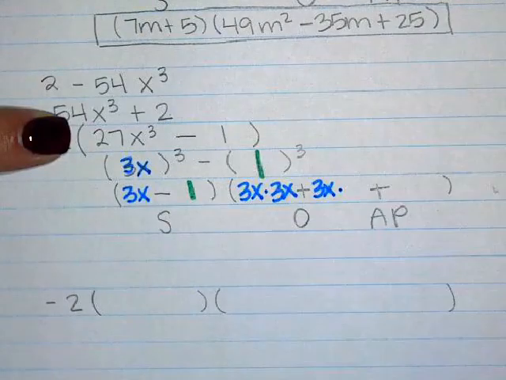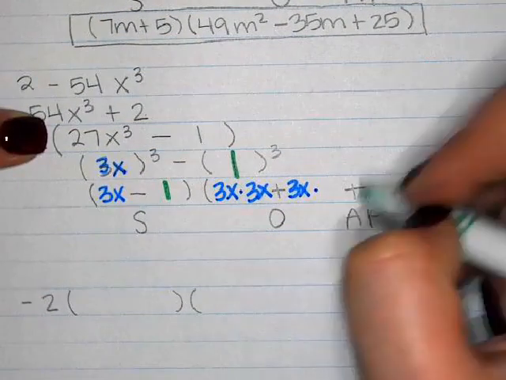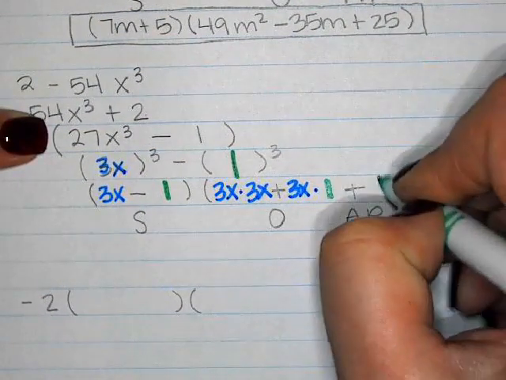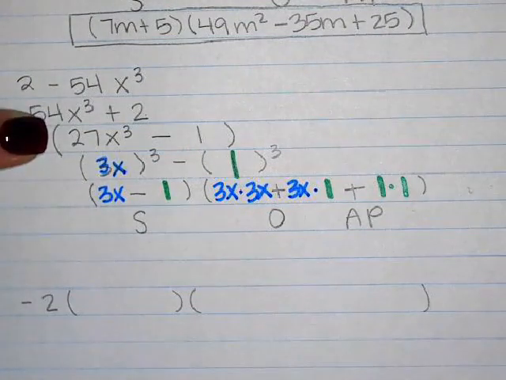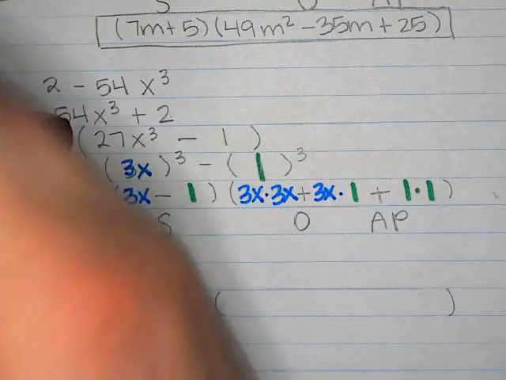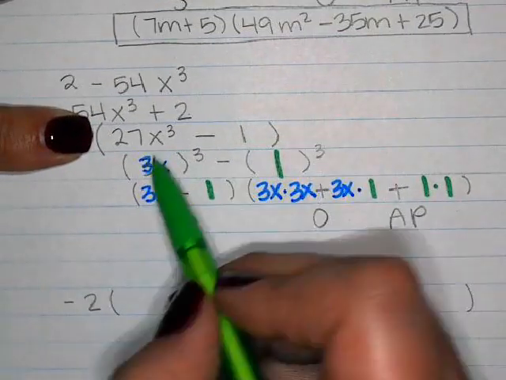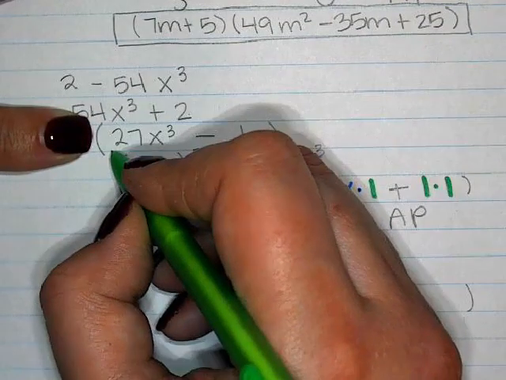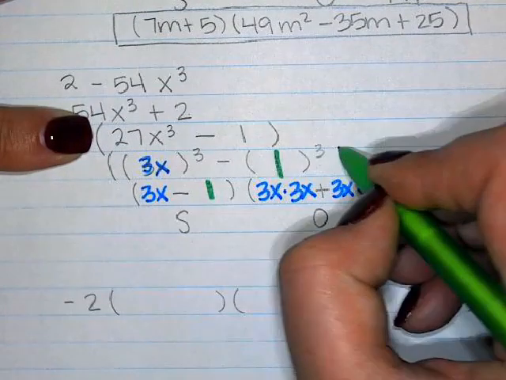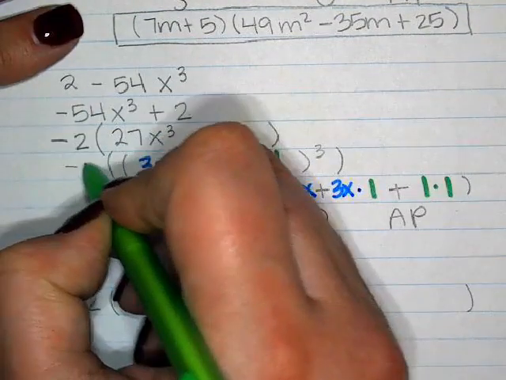Okay, now technically that -2 should be in each step of what we've done. So what I really should do is put an extra set of parentheses around this right here and stick a -2 in the front. And I really should put a -2 in front of these parentheses right there. So anytime we have a GCF, we really should keep that GCF through every single step of the problem.